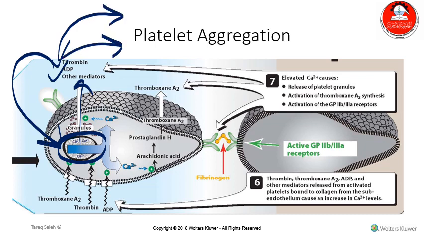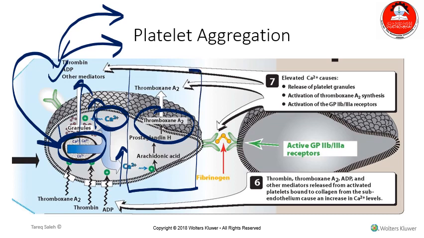The release of these mediators usually happens in response to increased intracellular calcium levels. At the same time, increased intracellular calcium levels initiate the synthesis of prostaglandins, in particular thromboxane A2. So this also happens in the activated platelets. Thromboxane A2 itself induces further platelet activation and aggregation.